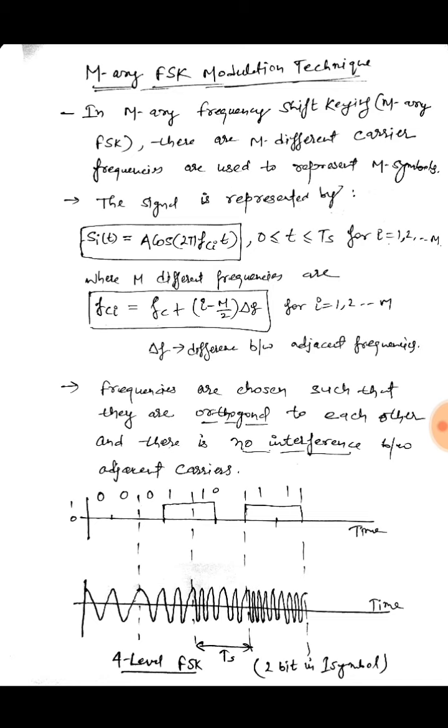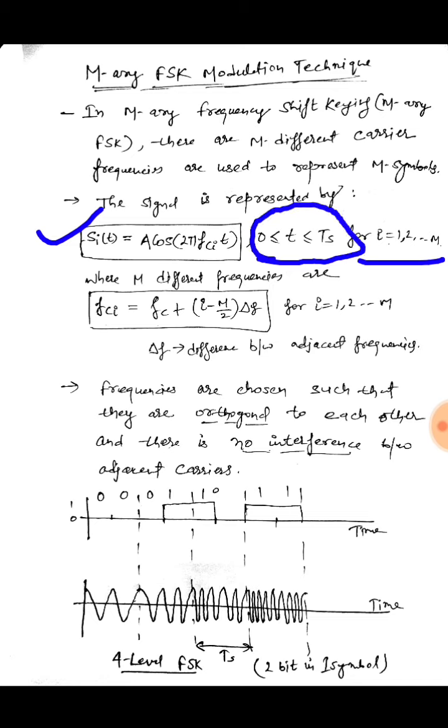So the signal is represented in this M-Array FSK scheme as s_i(t) = A cos(2π f_ci t), for 0 ≤ t ≤ Ts, in which i represents the levels, which will range from 1 to M, and Ts is the symbol duration.